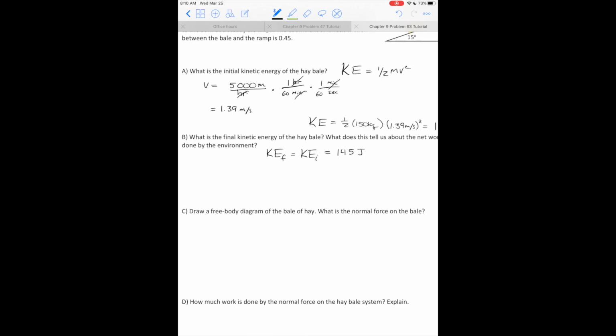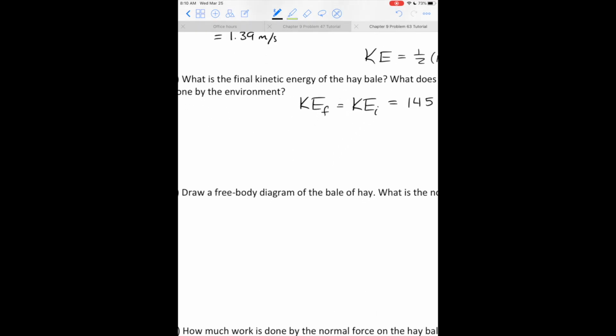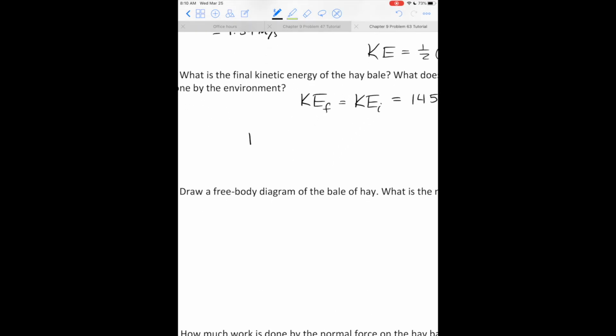What does this tell us about the net work done by the environment? Well, if we write out our work kinetic energy theorem, we're saying that the external work from the environment is equal to the change in kinetic energy. If the change in kinetic energy is 0, based on what we just said, then the external work done by the environment also needs to be 0.